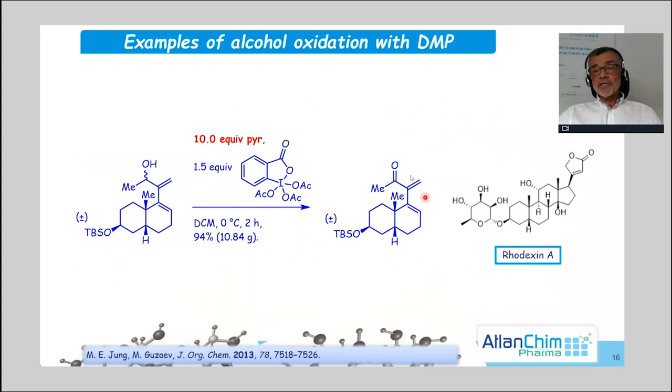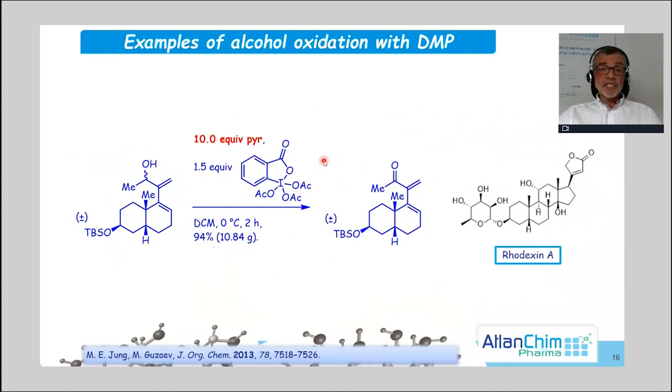In the studies toward the enantiospecific total synthesis of rhodexine A, Dess-Martin periodinane oxidation of this allylic alcohol afforded this sensitive dienone in excellent yield on 10-gram scale.